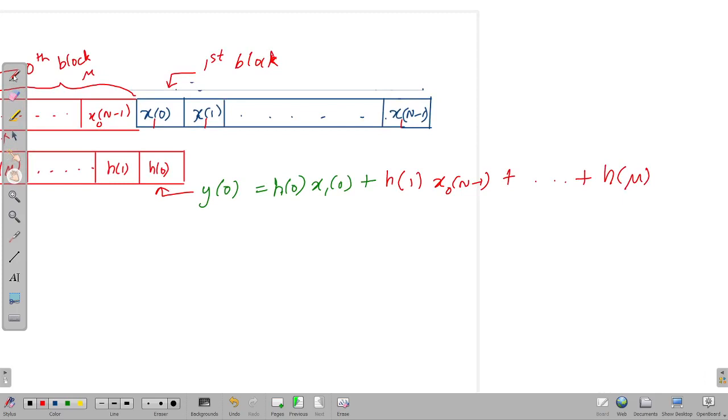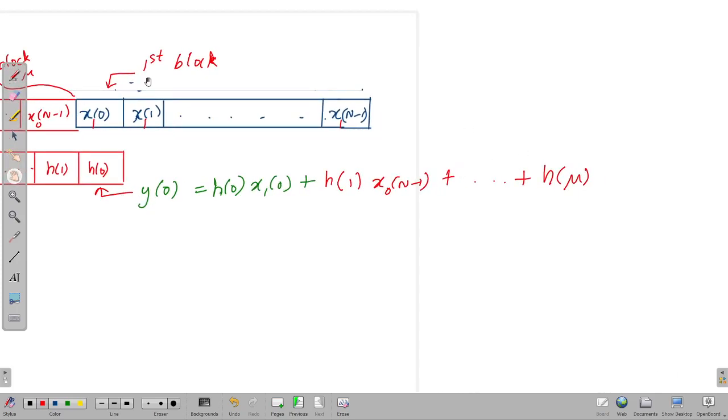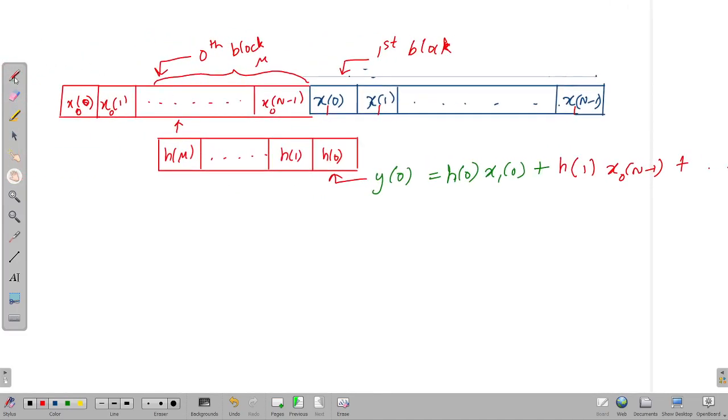Convolution happens up to x naught of n minus mu. So here you have this symbol, which is our symbol of interest, which belongs to the current block.